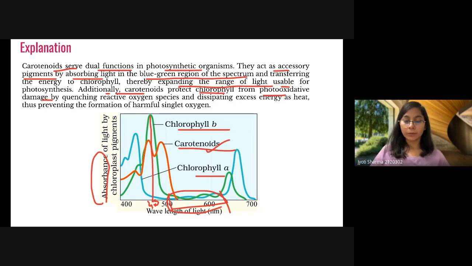The major process is the quenching of ROS, that is the reactive oxygen species, and this is how it will dissipate that excessive energy as heat, and this is how it can prevent the formation of harmful singlet oxygen. So there are two functions of carotenoid. The first is it will broaden the wavelength of the light that plants can absorb for the photosynthesis, and second is it will protect the chlorophyll from the photooxidative damage.